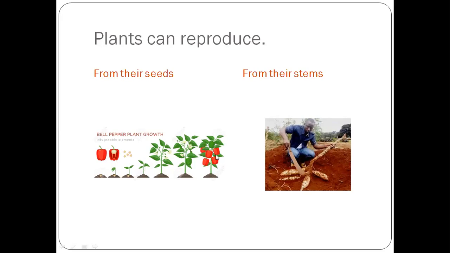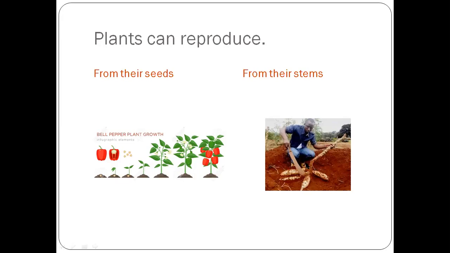Now, when the bell pepper is harvested, the seeds will be taken out again and planted, and it will follow the same growth process. Okay, now we have some plants that reproduce from their stem, like the cassava plant you can see here.